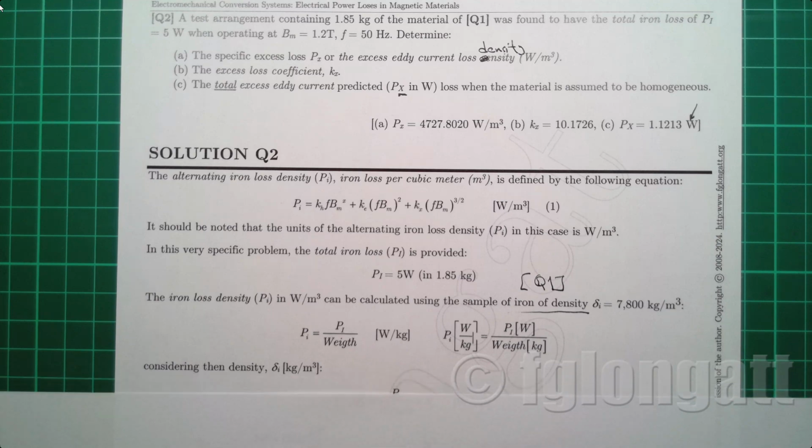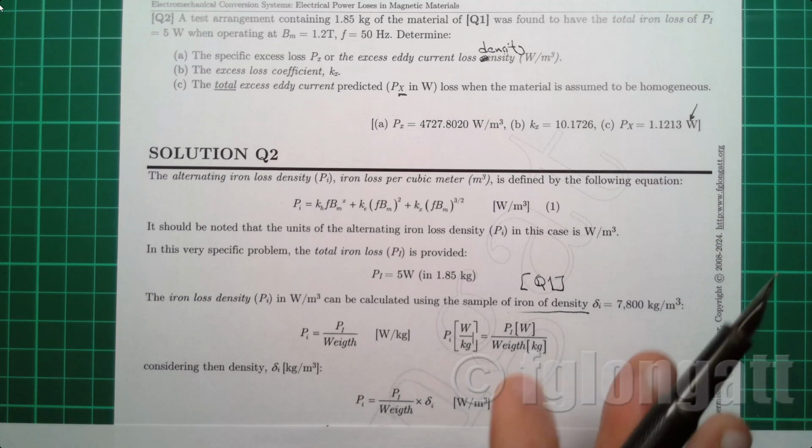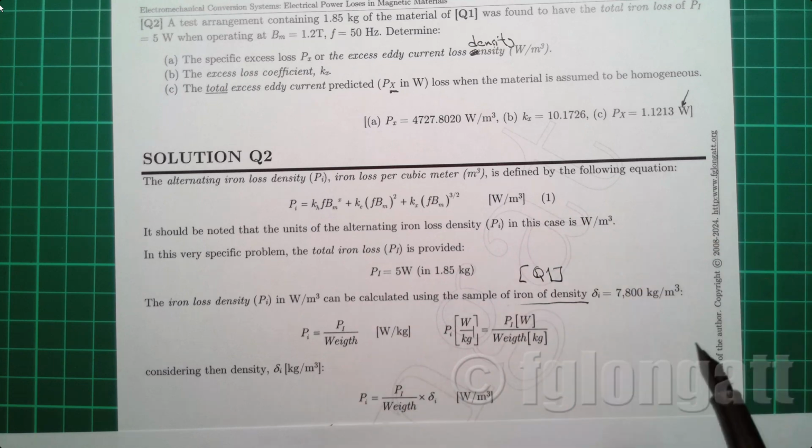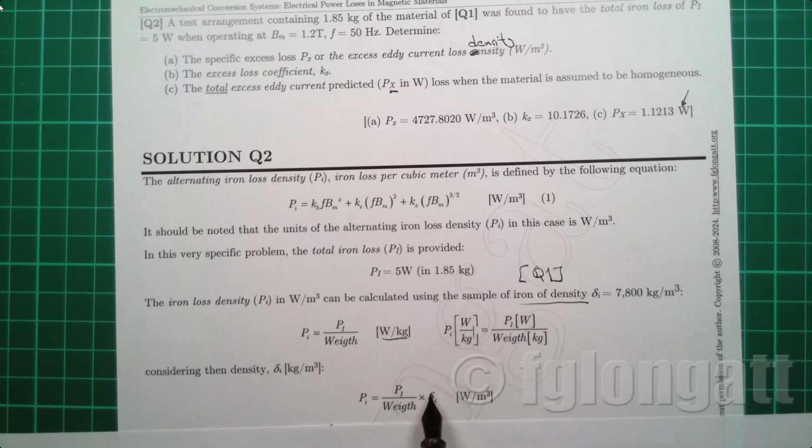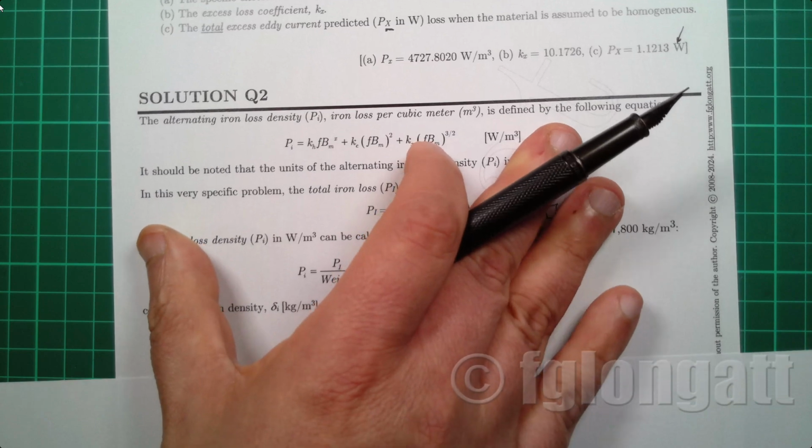However, doing so, what we will obtain is basically the loss density in watt per kilogram. And in reality, in order to use equation number 1, we must use the density of this material in order to obtain the active power loss density in watts per cubic meter.